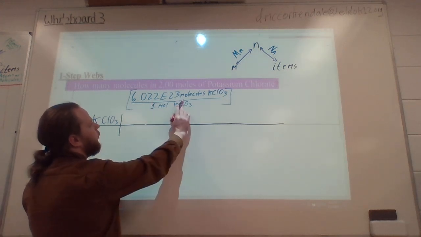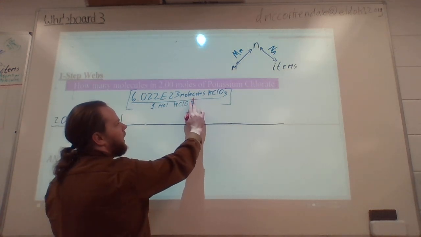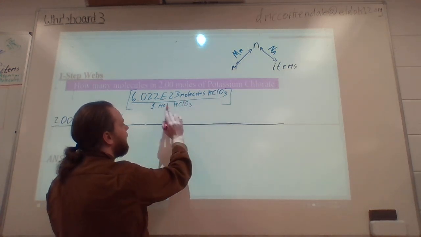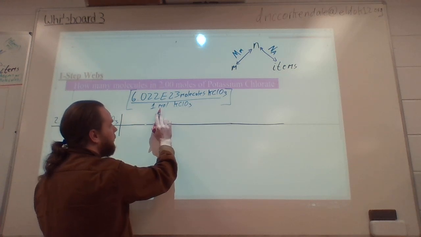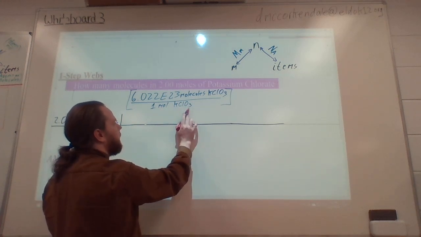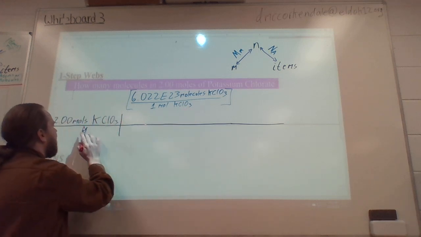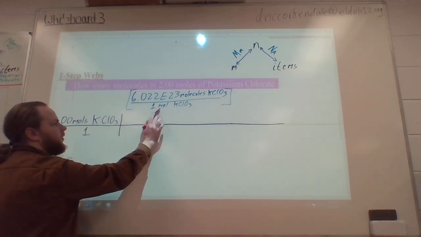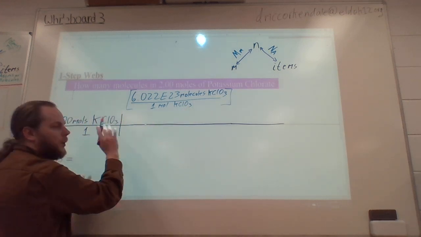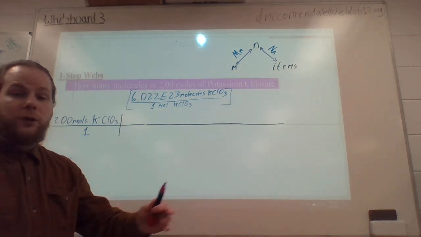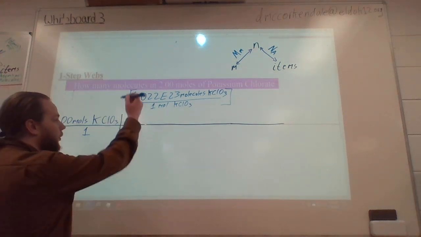So if we look, the numerator on this is molecules of KClO3. The denominator is moles of KClO3. So we need the moles of KClO3 to cancel with this. So this has to be in the denominator when we rewrite it. So we don't have to flip this fraction. We just bring it straight down.